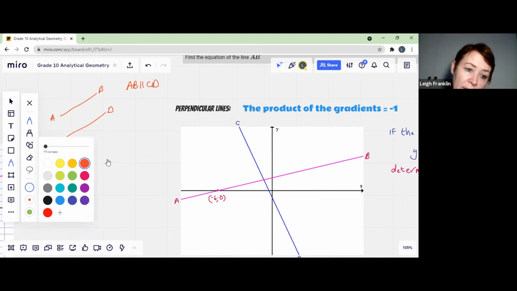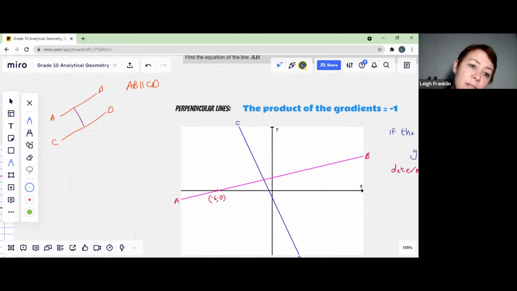The reason for that is because the distance between them, this is what I'm drawing in purple now, always remains constant. So the distance between parallel lines never changes, so they can never ever meet one another.